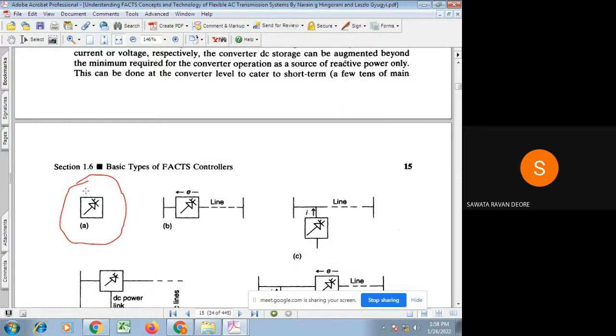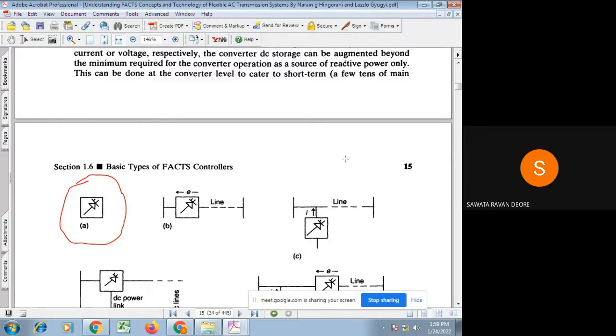Means what? One box in which a self turn off capability power semiconductor device is used. So this is, you can see, a power semiconductor device having a gate terminal which is used to control the turning on and off of this device. Obviously, the plain device is only used to control the turn on.